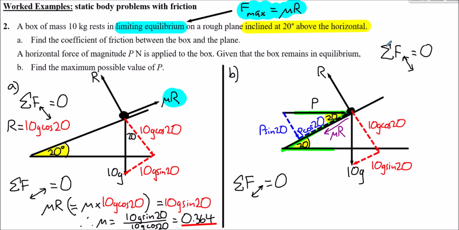So R's going up and away, so R, that's any force acting perpendicularly up away from the slope. That must equal the forces in the opposite direction. So the components of the direction going opposite to R are P sine 20. And as well, this component of the weight, which is 10g cos 20.